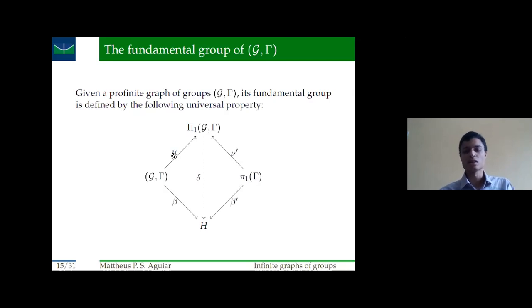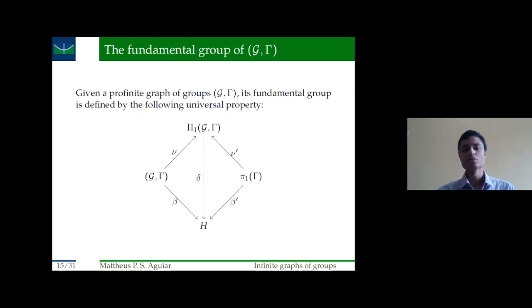And these nu and nu prime are related in some sense, but I will not explain it further. So the idea is that the profinite group is defined by a universal property. And it's complicated to work with this when we are dealing with inverse limits.